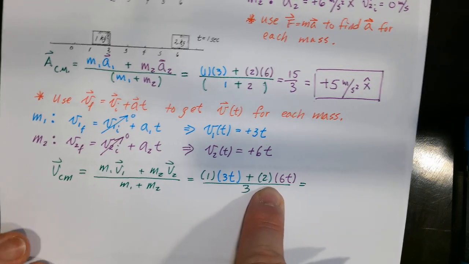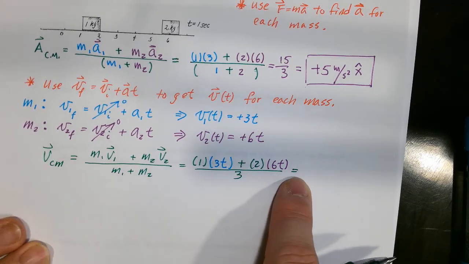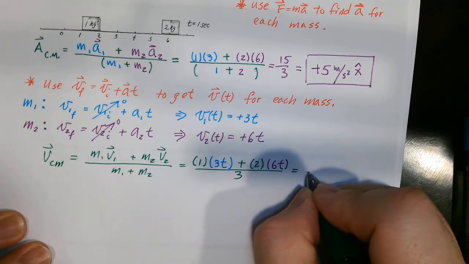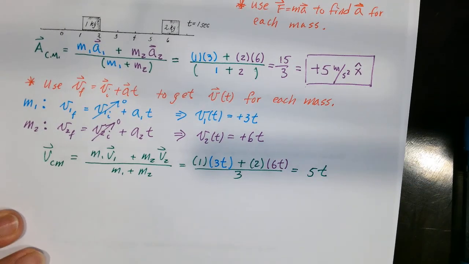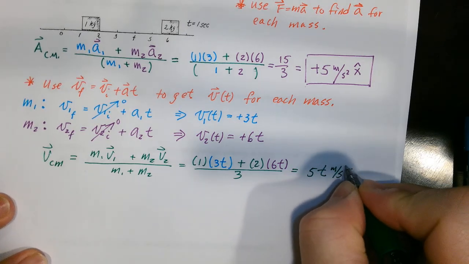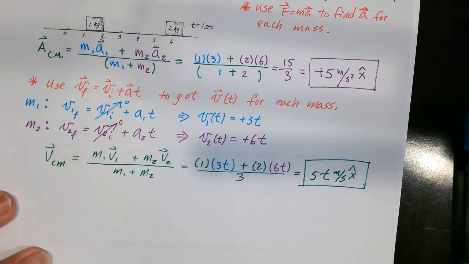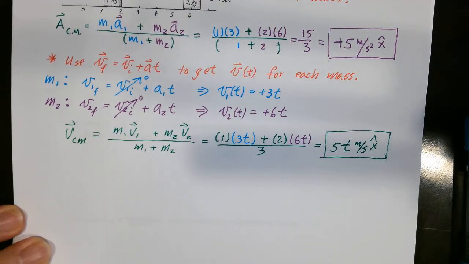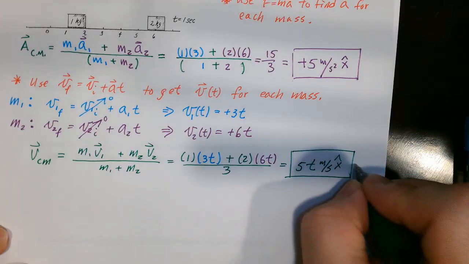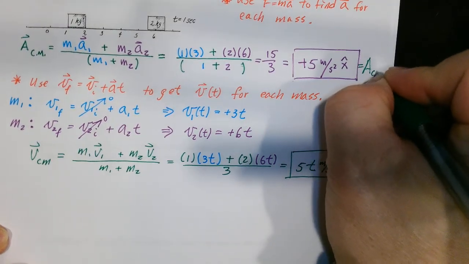What is that? 15, right? So 5t meters per second x hat is what I get for my V sub Cm. Okay, so this is my V sub Cm. This is my A sub Cm.